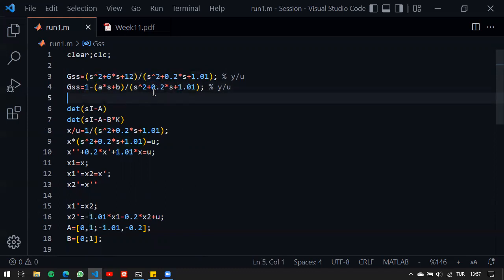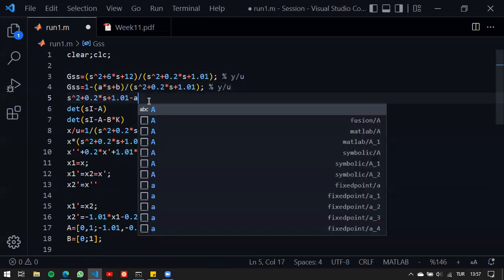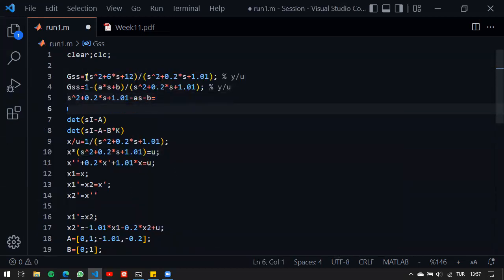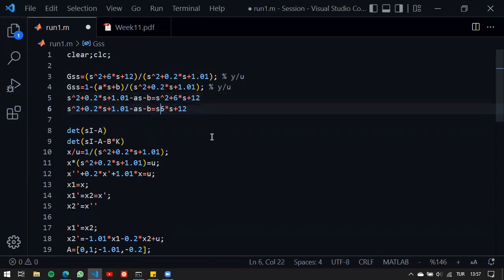The only extra step that is needed is to basically write this down, s squared plus, so let me just copy this. So this minus As minus B should be equal to this term here. So you can see directly s squared is canceled out.